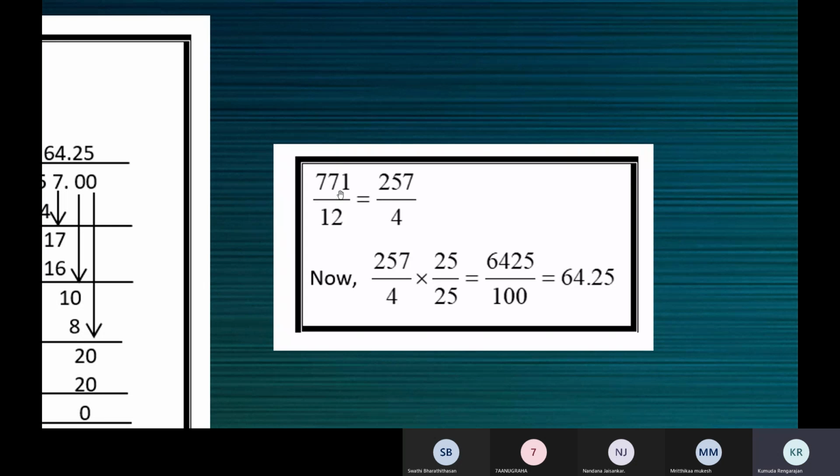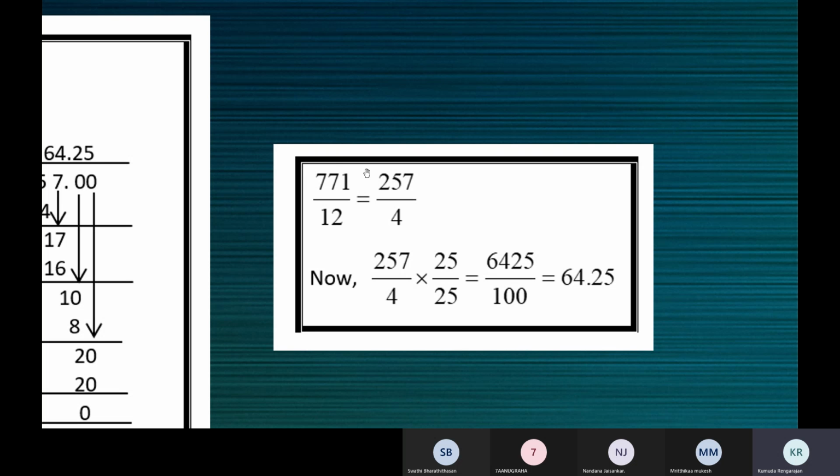So 771 by 12, you can reduce it. 12 is divisible by 3, and 771 is also divisible by 3. How do we know? By the sum of the digits. The sum of the digits of 771 is 15 and 15 is divisible by 3.